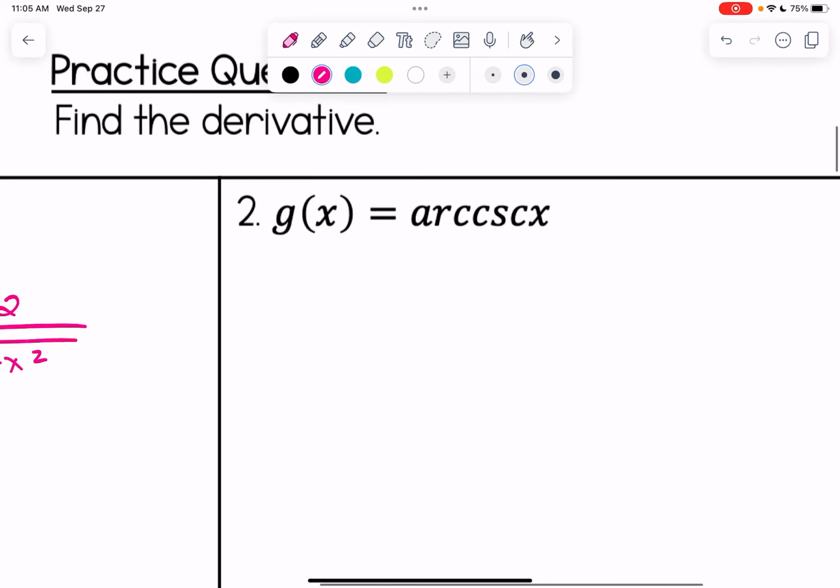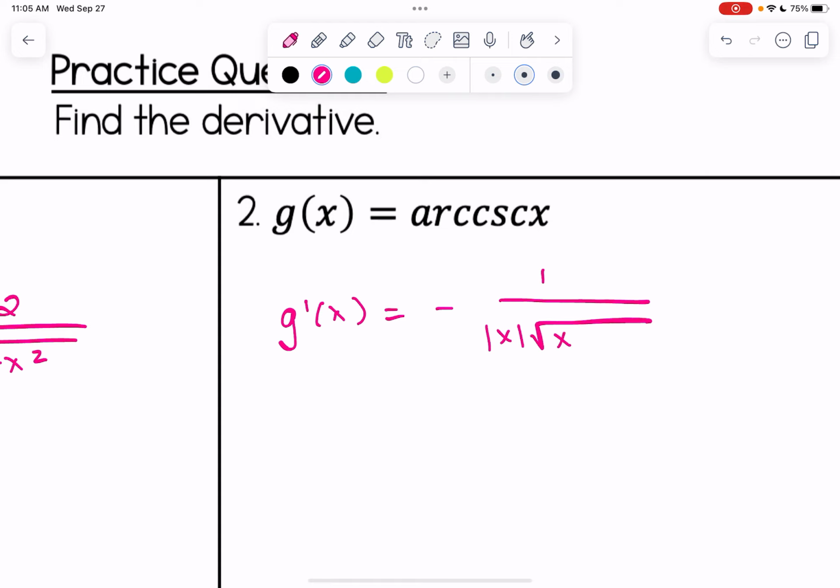Number 2 is looking for the derivative of arc cosecant x. That's the same thing as inverse cosecant. So this one I'm going to just copy exactly from my reference chart above. So I have negative, remember it starts with a c, so negative, 1 over the absolute value of x times the square root of x squared minus 1.